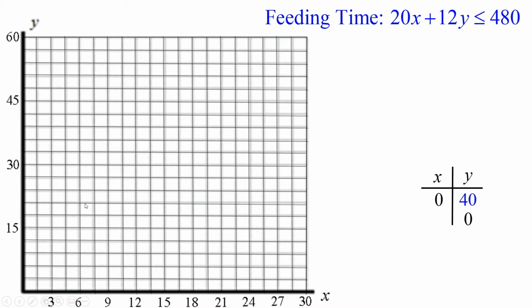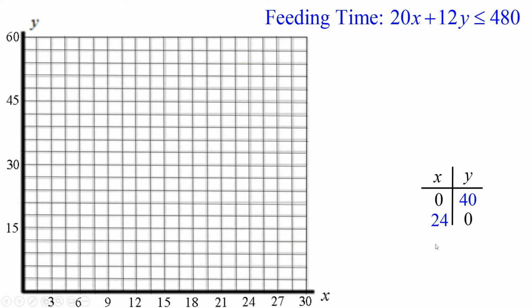Now, if y is 0, 12 times 0 is 0, and I'm left with 20 times x is 480. So to find the x, when y is 0, I just take 480 and divide by 20. I think that's 24, but let's double check. 480 divided by 20 is, yes, 24.